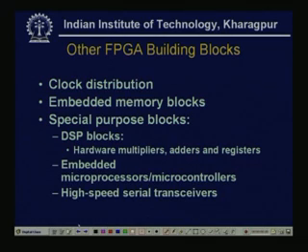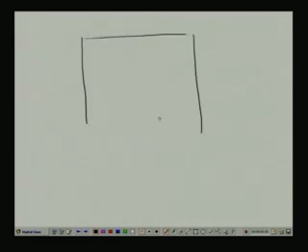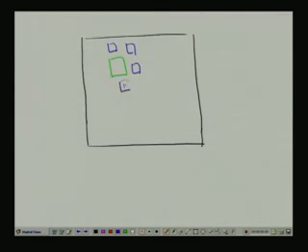See, if we draw these things, say as if this is my full FPGA and one switch box, this is one switch box and these are my programmable logic blocks, say this type of things.